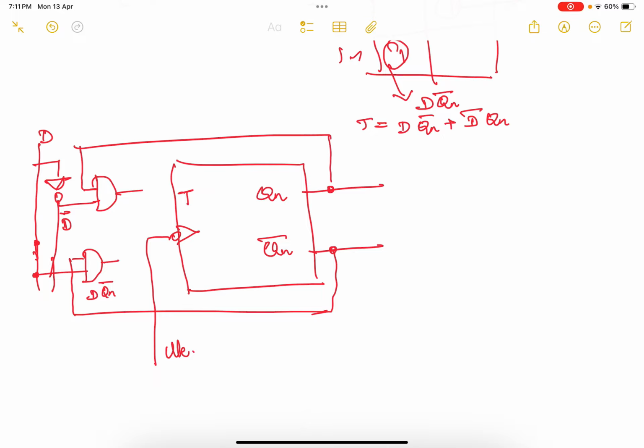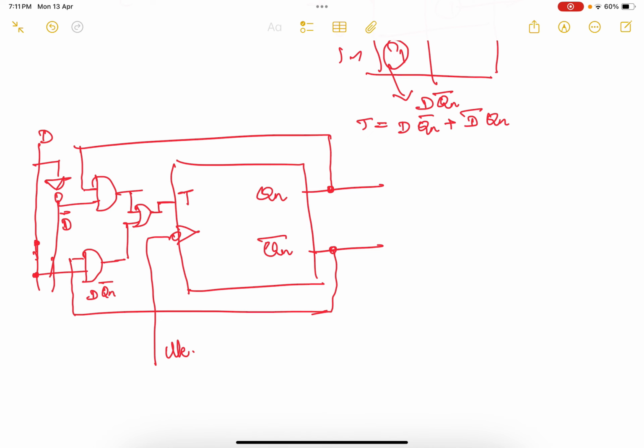So both of these, now we are making one OR gate. Okay, and this is connected to your T input.